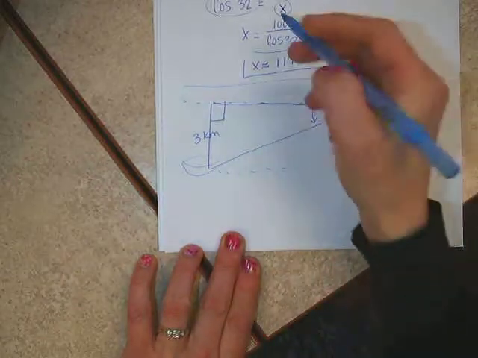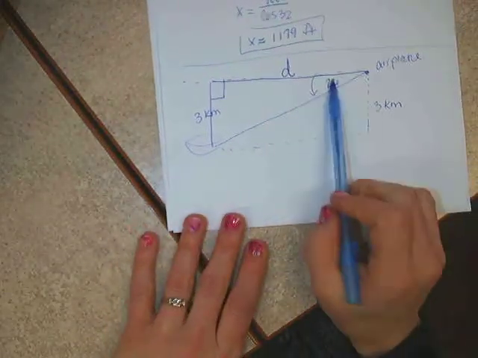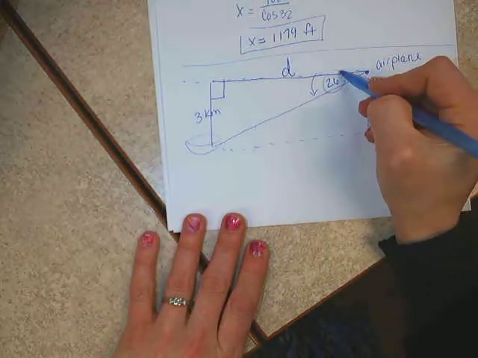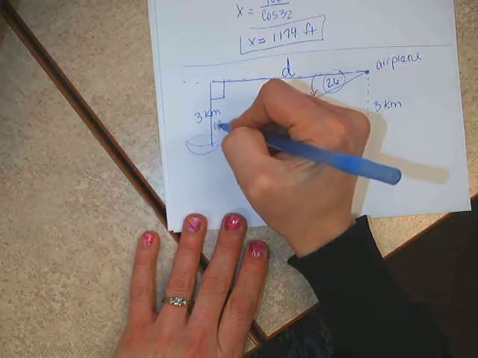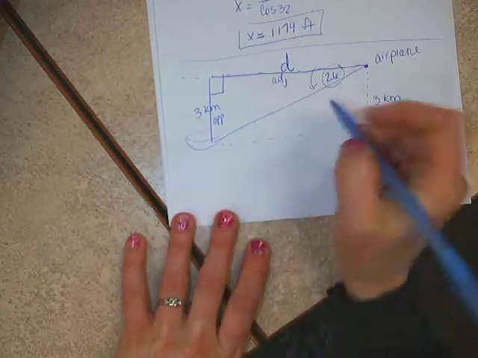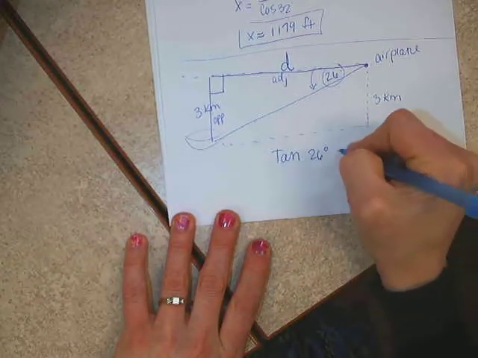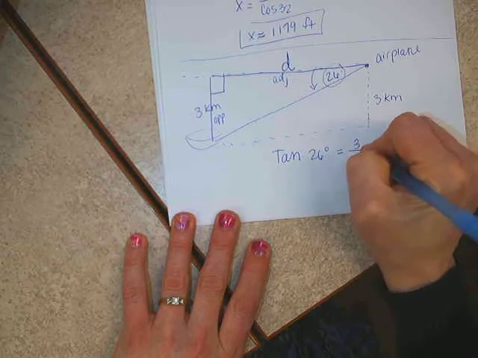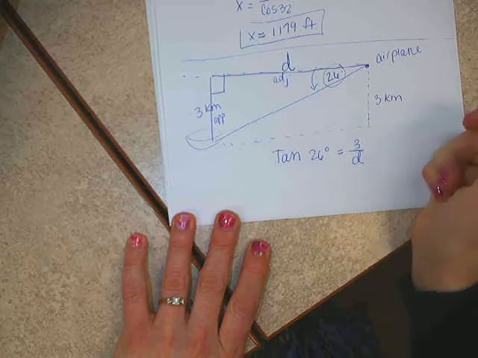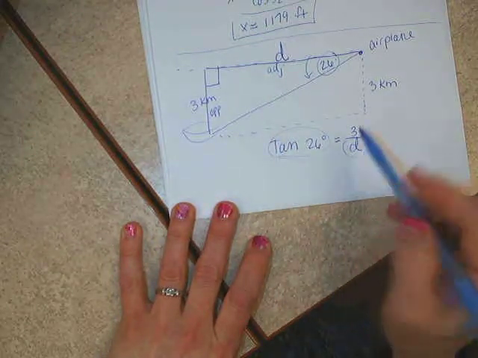It says we are finding the airplane's surface distance from the raft. Since this would be a rectangle, we're either talking about this distance or it could be the same as that. So we will call that d. So using trigonometry, if this is our angle, this would be opposite and this would be adjacent. So we would use tangent.